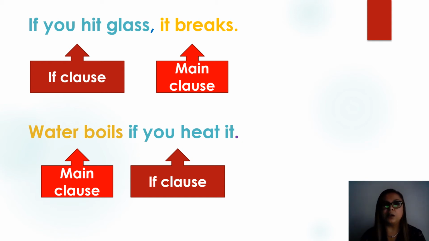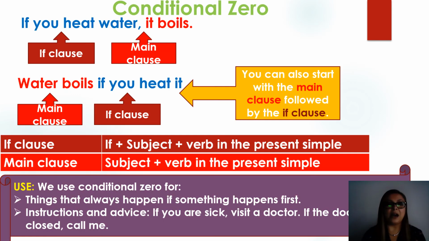Es muy raro. Dos veces glass. The same happens here. Water boils if you hit it. You can substitute it for water. Water boils if you hit water. El agua hierve si usted hierve agua. ¿Lo ven? Hasta en español suena raro. Nosotros decimos, el agua hierve si usted la calienta. ¿Verdad? No volvemos a mencionar la palabra.